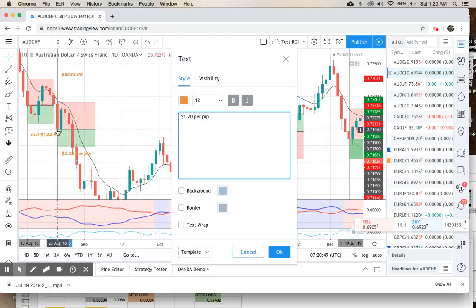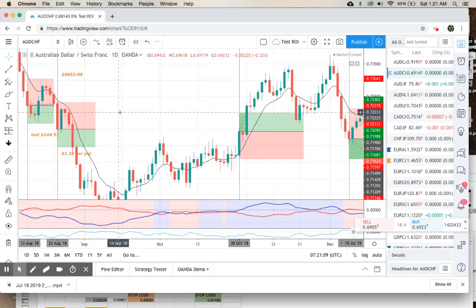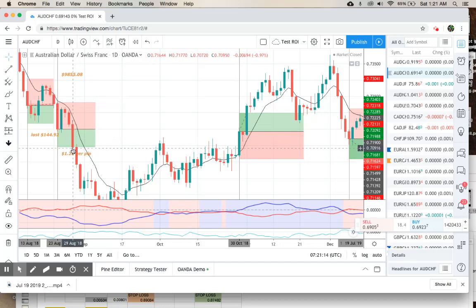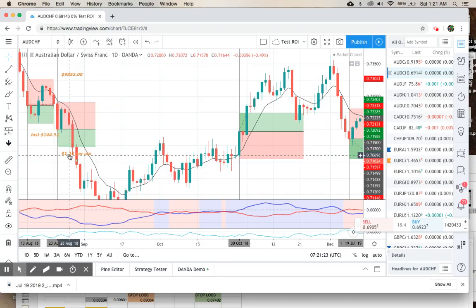So we entered the trade here at $1.20 per pip times 2. One trade at $1.20 per pip, and then another trade at $1.20 per pip. So this one did not hit the stop loss, and it did not break this 9 EMA that we're practicing with. And so this one actually won here. So it went 54.6 pips at $1.20 a pip.